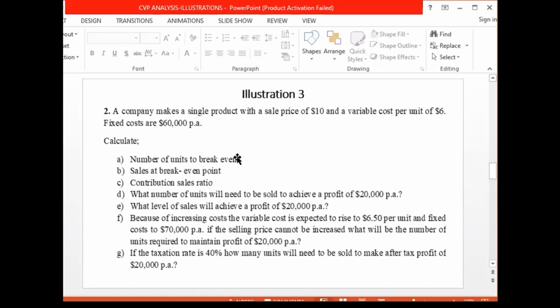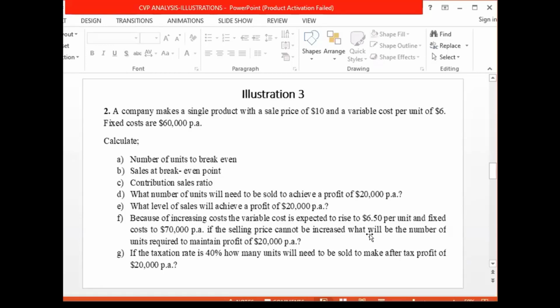Okay, number F. Because of increasing costs, the variable cost is expected to rise to 6.5 per unit, fixed cost to 70,000 per annum. If the selling price cannot be increased, what will be the number of units required to maintain a profit of 20,000 per annum? So this is a case where variable costs are changing and fixed costs are changing.